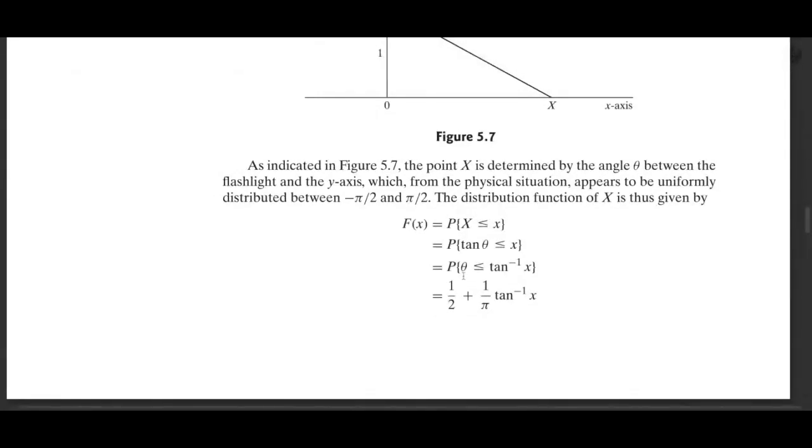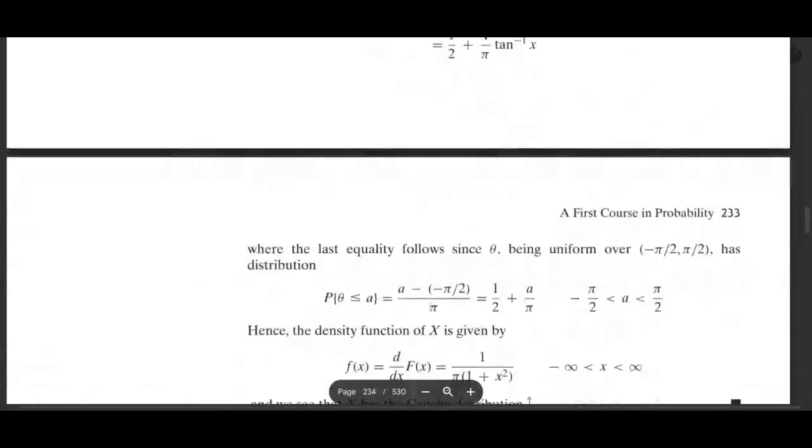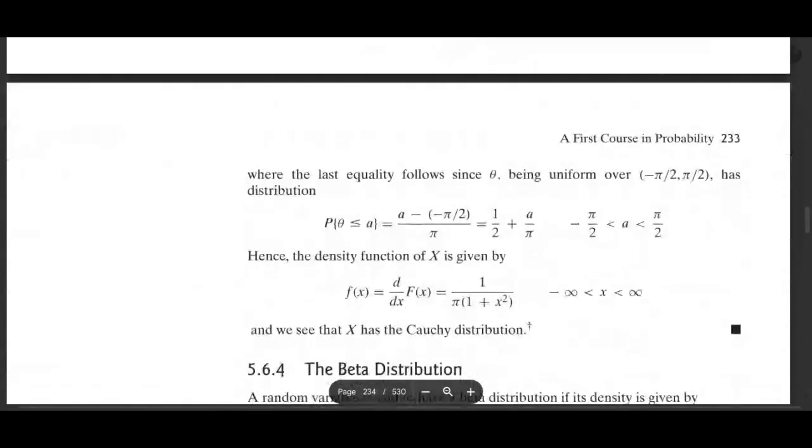Okay, that's the probability of theta less than or equal to arctangent of x, which is given by the distribution function, one half plus 1 over pi arctangent of x. Where the last equality follows since theta, being uniform over negative pi over 2 to pi over 2, has this distribution: the probability that theta is less than or equal to a is a minus negative pi over 2, divided by pi, which is one half plus a over pi.